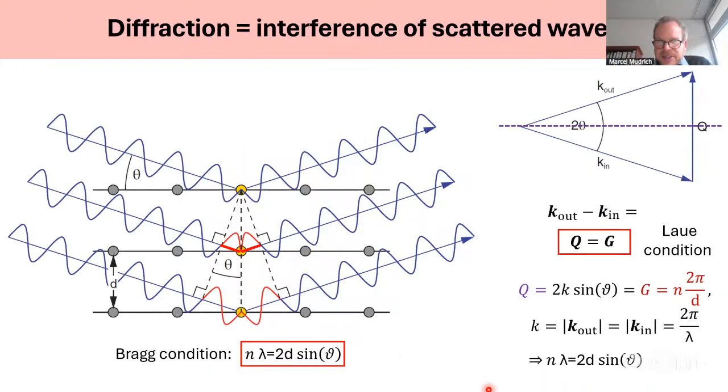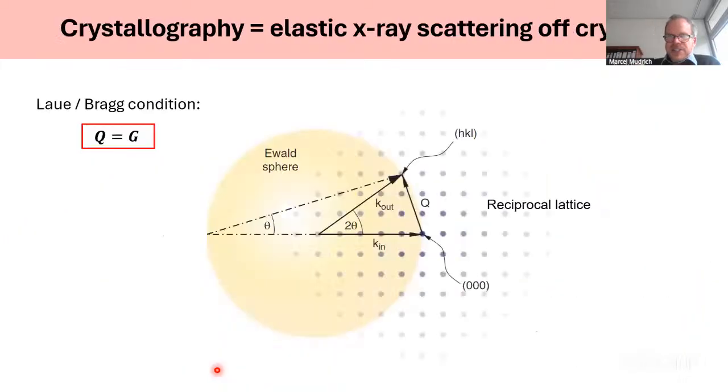So the point is just for you to understand this condition, the Laue condition for constructive interference of scattered beams, Q equals G, that it's equivalent to the well-known Bragg condition. And why do I insist on this reciprocal lattice concept? Because there we can draw what is called the Ewald sphere in the reciprocal lattice.